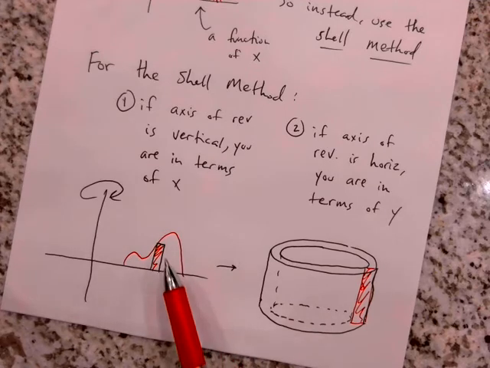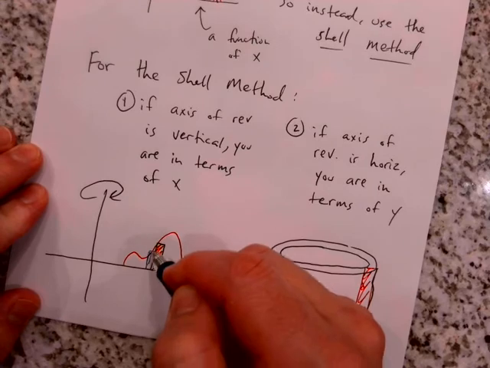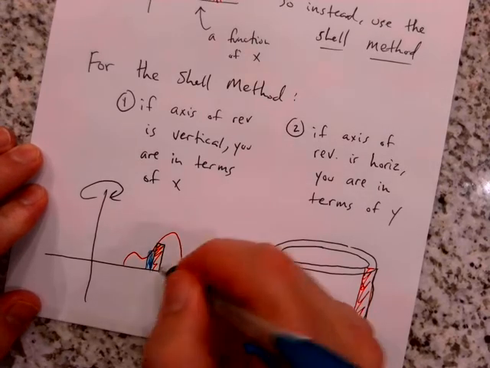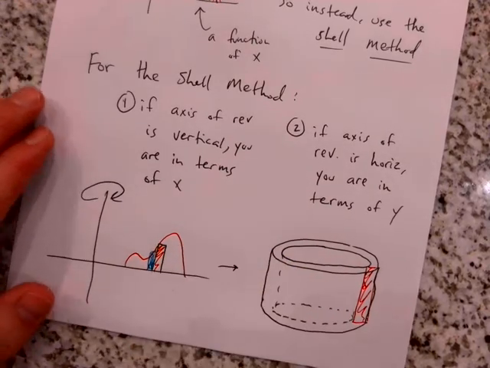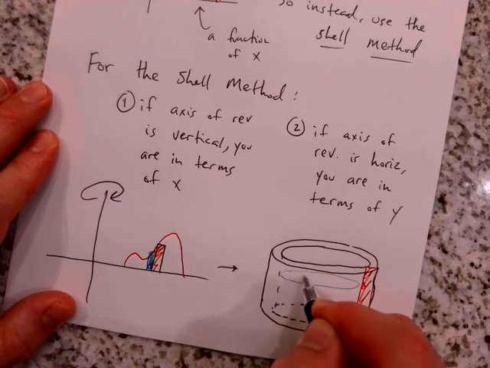And then how this approximates the true volume is you have a bunch of concentric shells. So like this rectangle right here, this one in blue, when that one gets rotated around, it's like down here. It's like inside of this one.